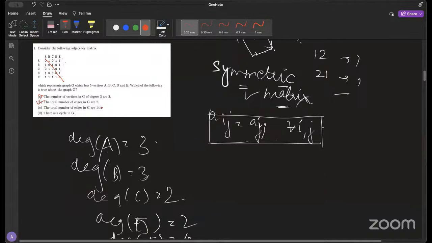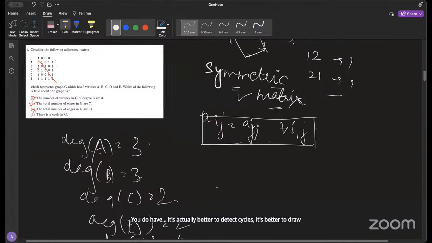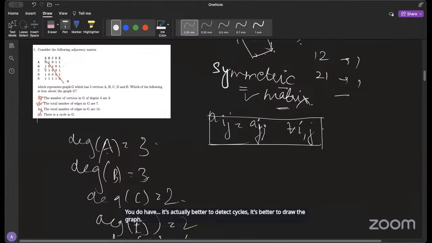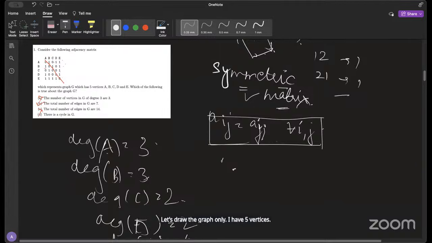And the total number of edges can't be 14, obviously. And then, there is a cycle in G. It's actually better to detect cycles by drawing the graph, because it's difficult from here. Let's draw the graph. I have 5 vertices.